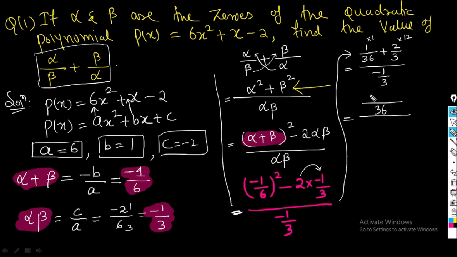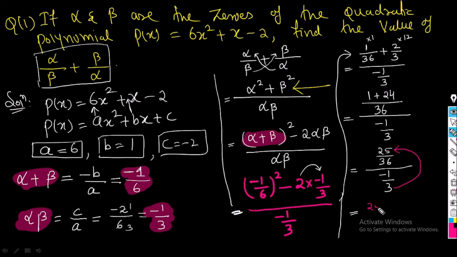So 1 1 ja 1, 12 2 ja 24. And the denominator minus 1 by 3 is as it is, no changes. So the numerator, 24 plus 1 becomes 25, 25 by 36, and here comes minus 1 by 3. Okay, now a very important step I am going to do, please concentrate. This 3, you have to multiply here. Okay, 25 into 3.